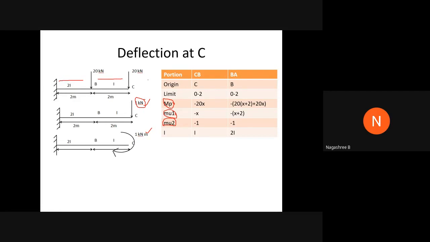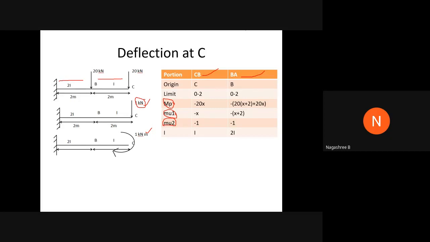Since we are going to determine the deflection at point C, we start from C itself. The first portion will be CB, and the second portion is BA. We are supposed to take BA also. Why?